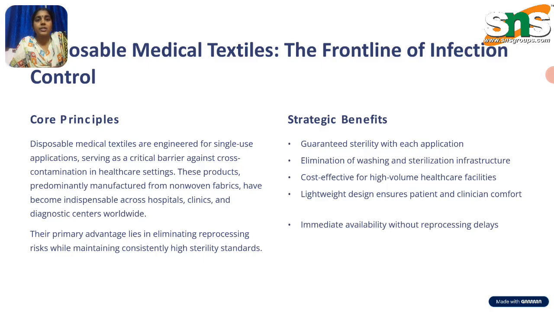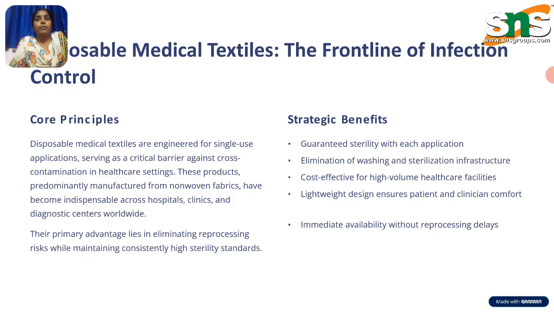It mainly concentrates on protecting ourselves from infections and other contaminations. If we have some allergies, we have to maintain some precautions, so disposable products are considered mainly for this. It is a very big advantage for us. Next, lightweight design ensures patient and clinical comfort. Lightweight products are mainly for comfort and bring many benefits.